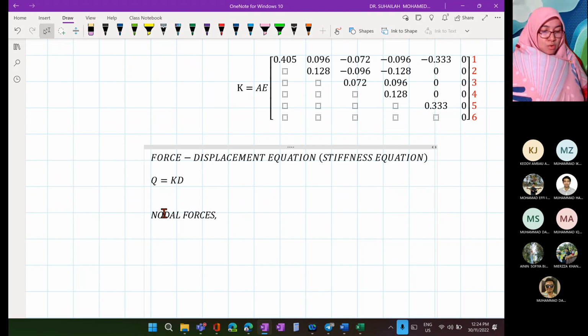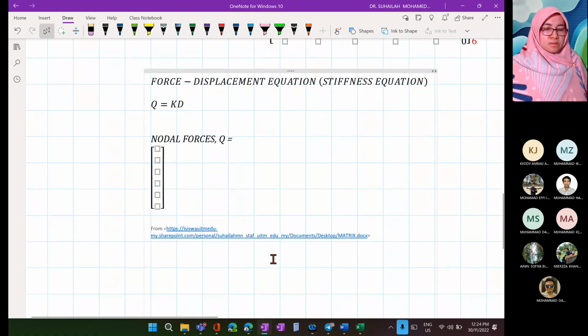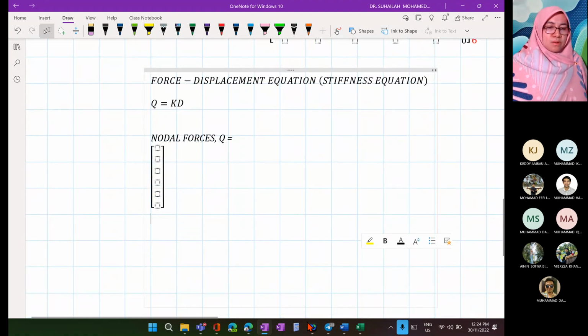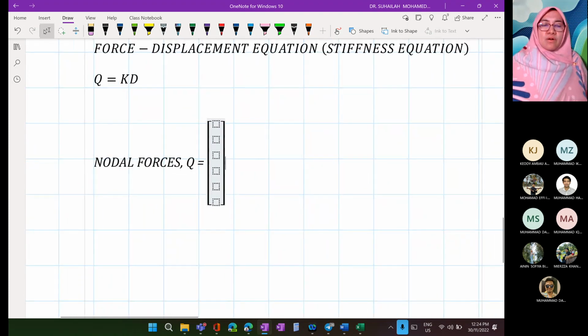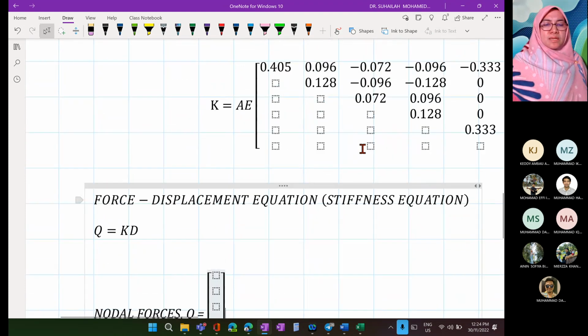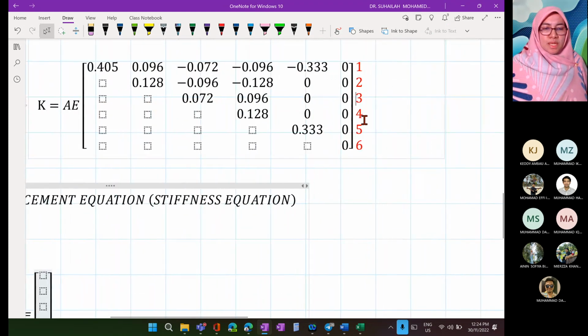It is capital Q, because it is for the whole structure. Q is equal to six values of Q, positions 1 to 6.